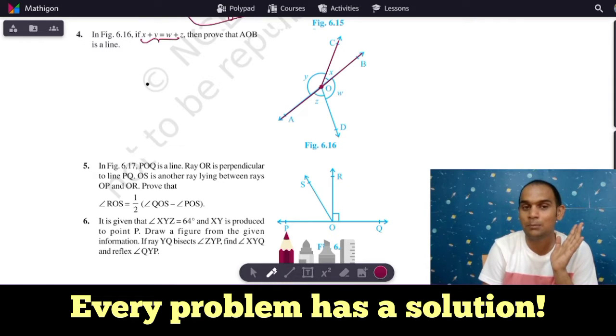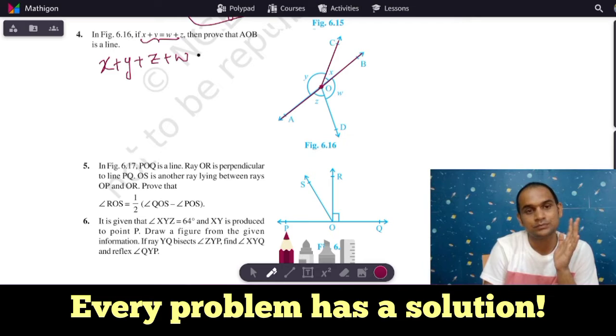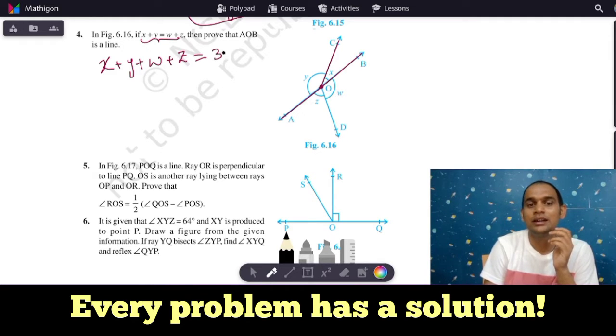That they form a complete angle. This we already know. So I will write it in a slightly different way, which will make it a little easier for us to understand. X plus y plus w plus z equals 360 degrees.